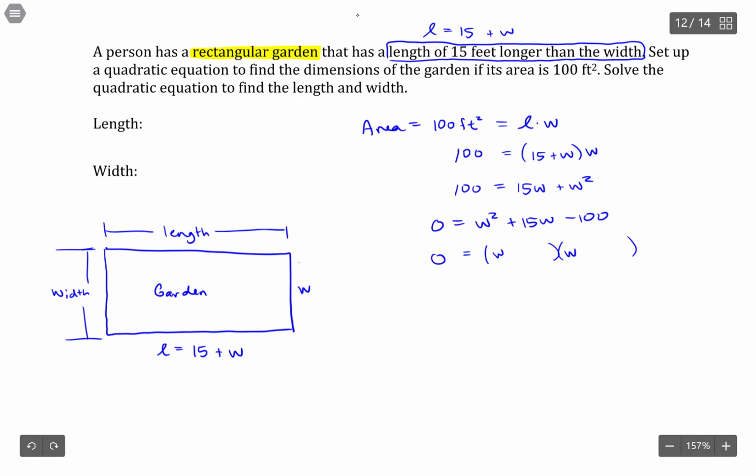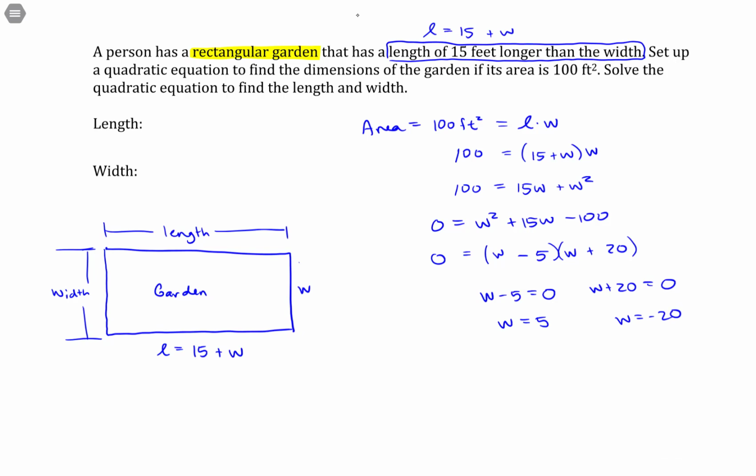So two things that multiply to W squared would be W times W. Then 5 times 20 would multiply to 100. If the 20 is positive and the 5 is negative, they would multiply to negative 100, but then also add to 15. So that means W minus 5 could be 0, and W plus 20 could be 0. So W equals 5, or W equals negative 20.